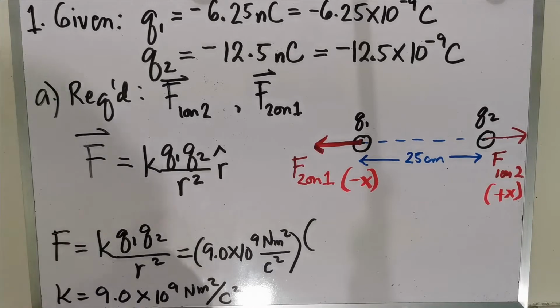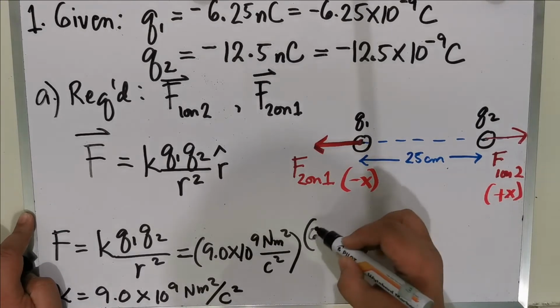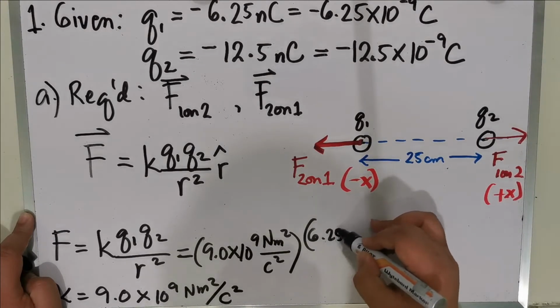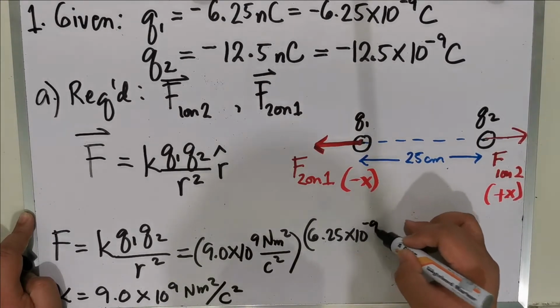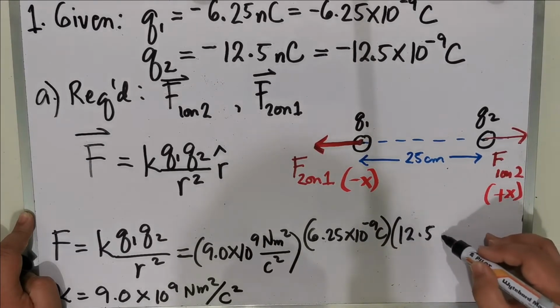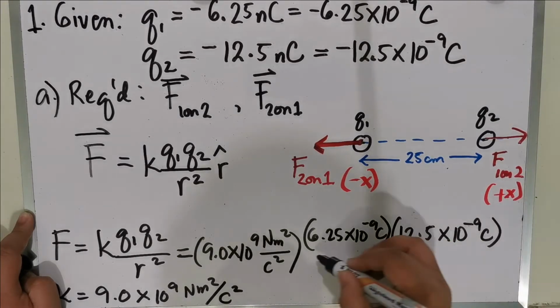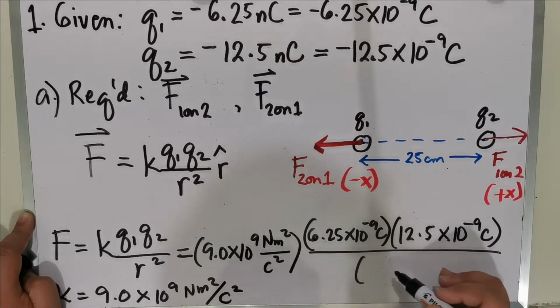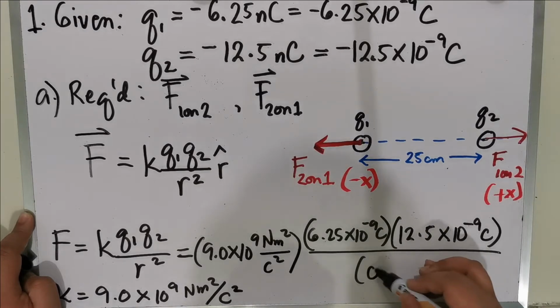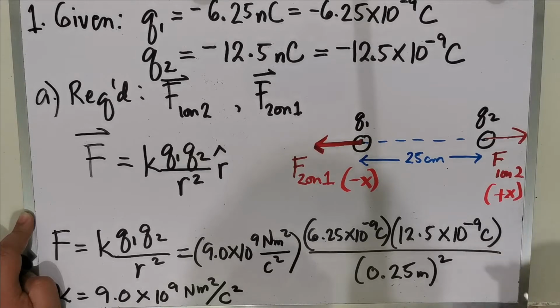So here we simply have to plug in the values of Q1 and Q2, which are 6.25 times 10 to the negative 9 Coulomb, and 12.5 times 10 to the negative 9 Coulomb all over R squared, which is 25 centimeters or 0.25 meters. So you have 0.25 meter squared.